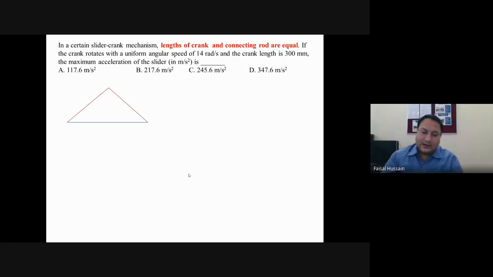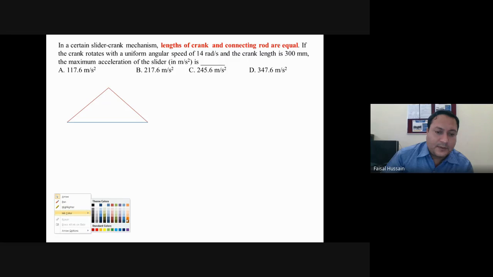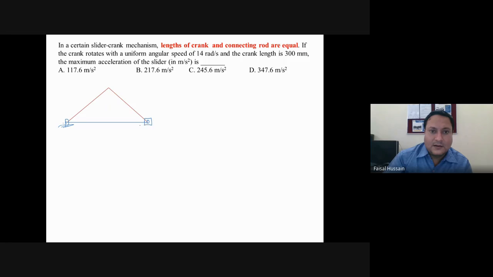Okay, R equal to L. It is already given R equal to L. So if, for example, this is my single slider, theta, this angle is beta, this is R and this is L. If R and L are equal, then it is 90 degree. Okay. And also if R equal to L, this implies n is L by R, and L by R will be what? 1.